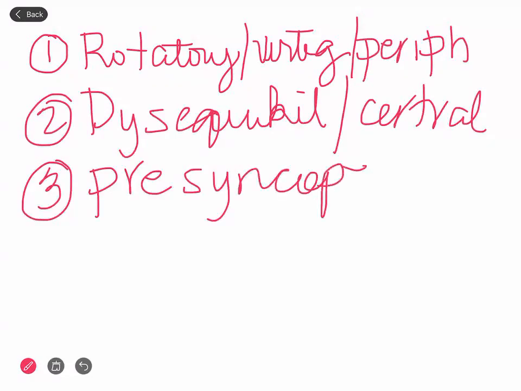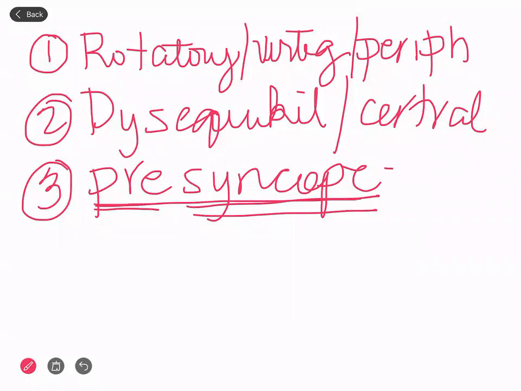Syncope is the actual loss of consciousness, secondary to poor oxygenation to the brain. When we see pre-syncope, there is a feeling as if the patient will lose consciousness, so the feeling is like being dizzy.